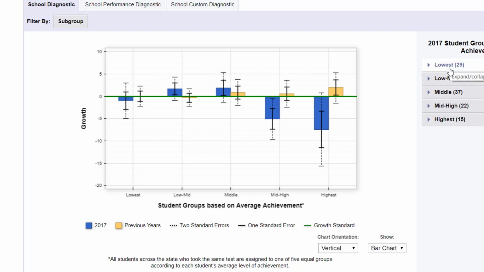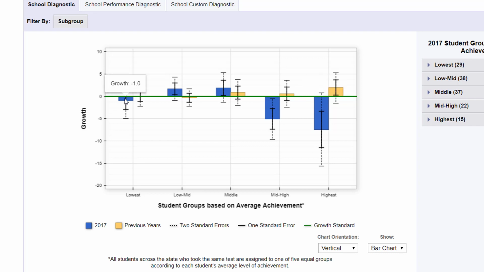If you come over here, these tabs show you how many students were in each one of the blue bars, the most current year. So when I look across my number line, I have 5 quintiles of students. This is my lowest 20%, my next to the lowest 20%, my middle performing 20%, my next to the highest, and my highest performing 20% in comparison to the students across the state of North Carolina.